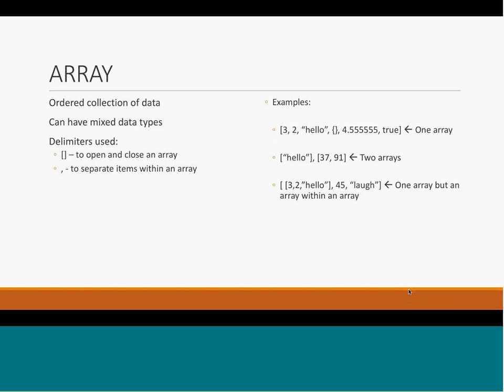The second is two arrays, because you have open and closed brackets with a comma between them. And the third one, because it can have mixed data types, is an array within an array, right? We have an open bracket, its values, closed, comma, and the first one also ends. Does that make sense? Awesome.